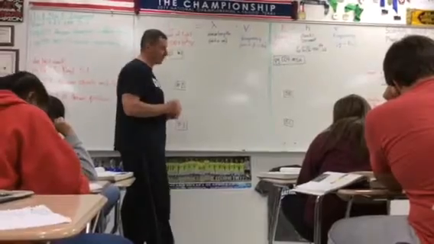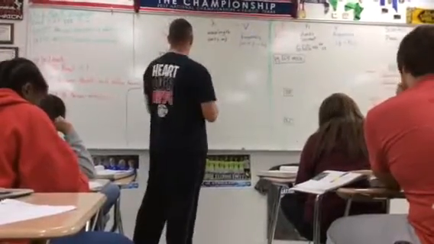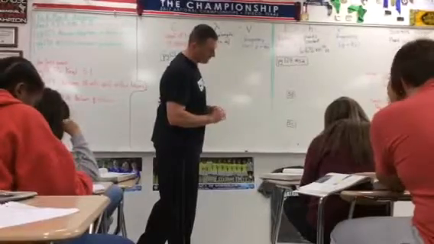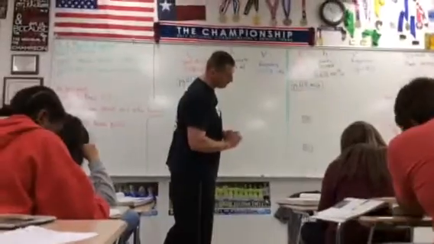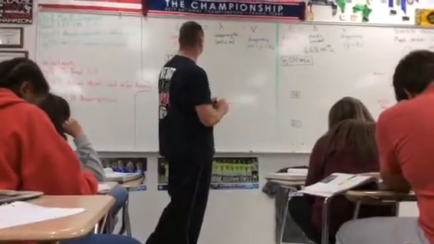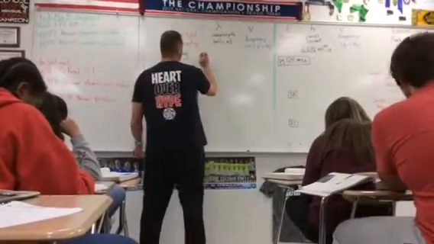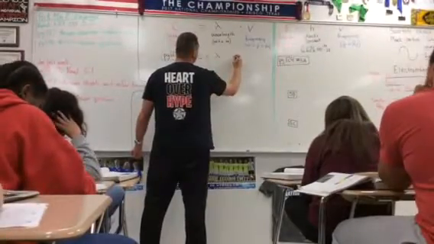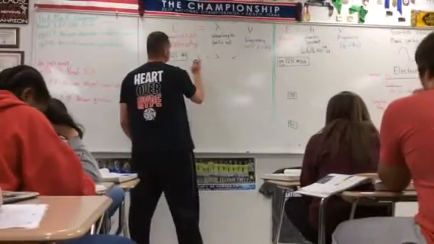Now, when we're doing these problems, like on page 21 in your book, number 1, it says, what is the frequency of green light, which has a wavelength of 4.90 times 10 to the negative 7 meters? So we use our formula. We've got C equals wavelength times frequency. We know what C is.